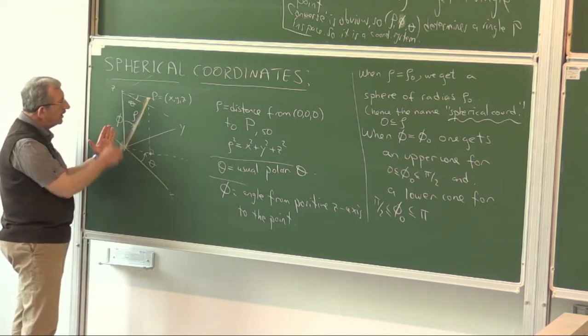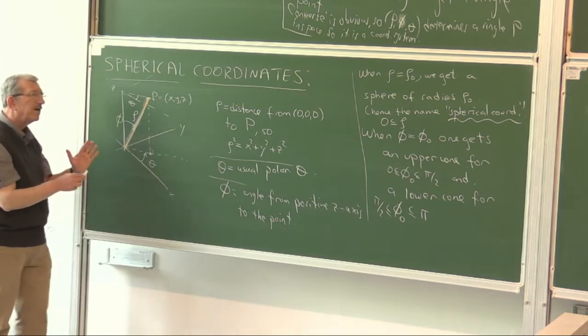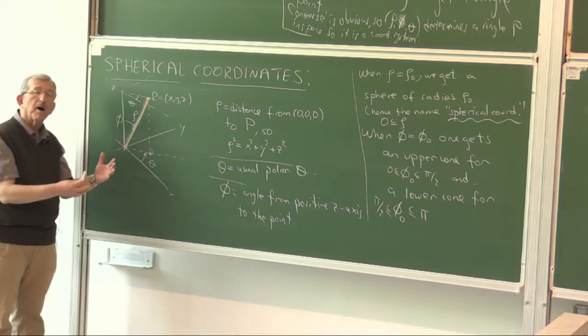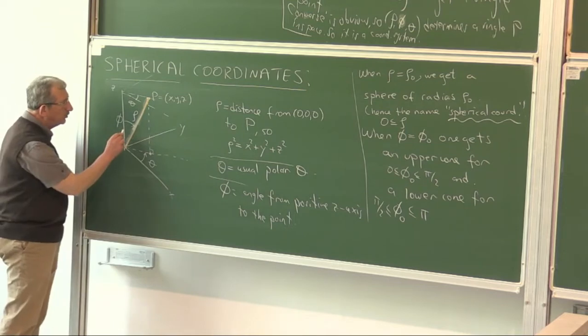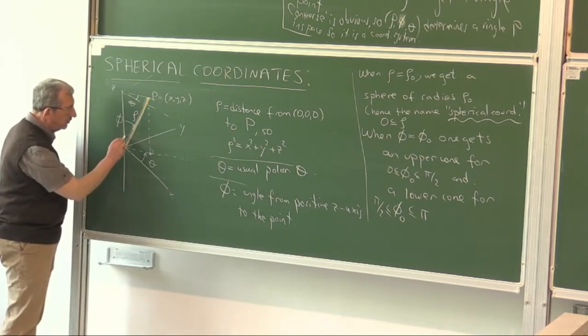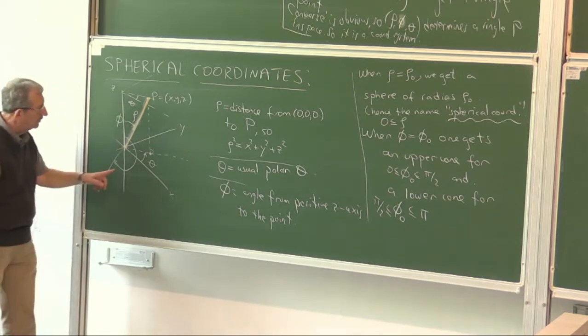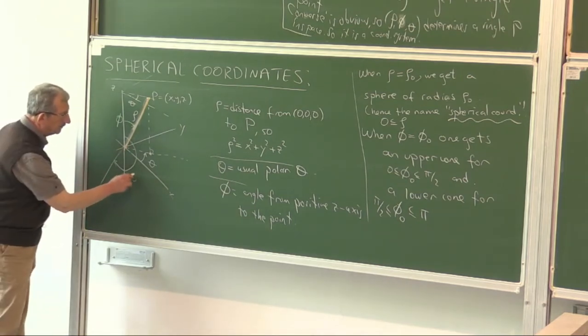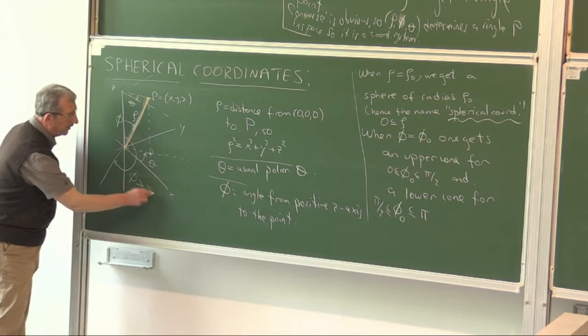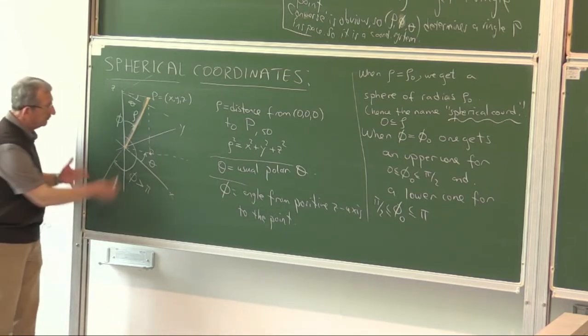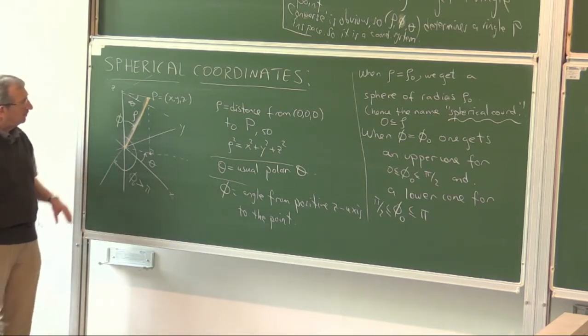Now, if we assign phi an angle larger than pi, it means that we would go around and stop at such a point. This is phi bigger than pi, so let me say phi 0 bigger than pi.